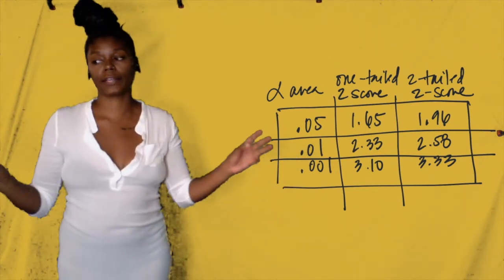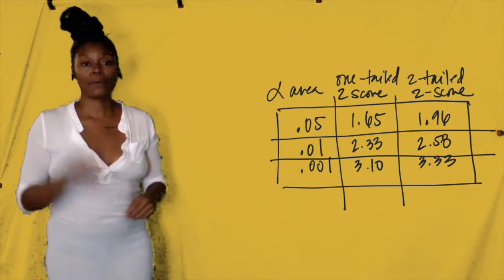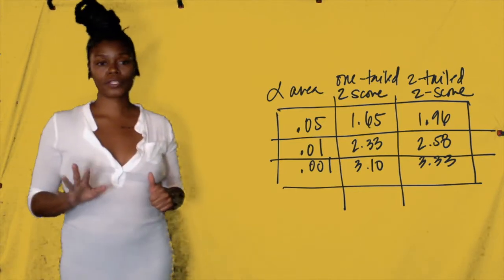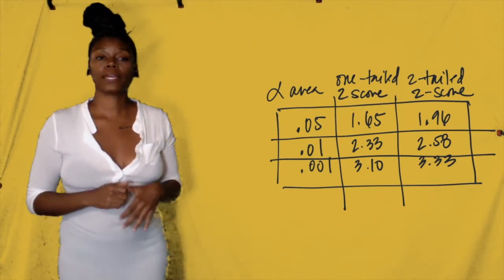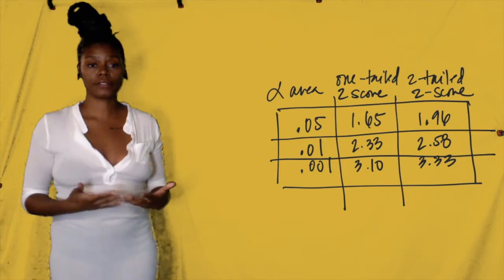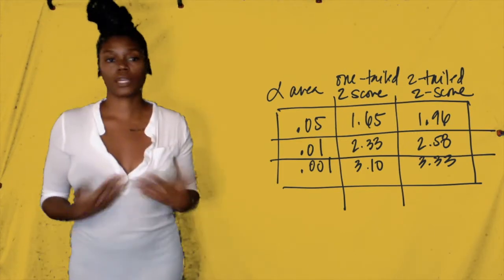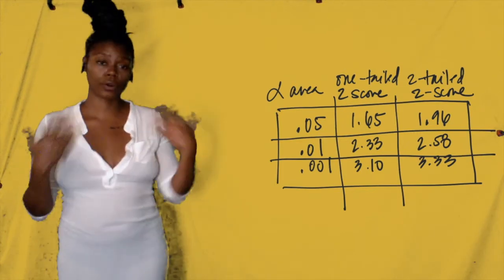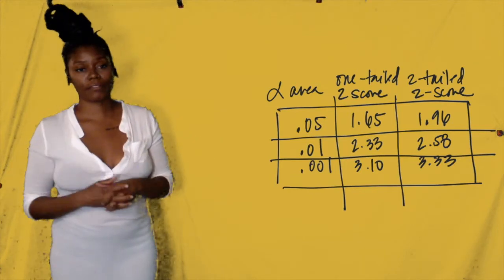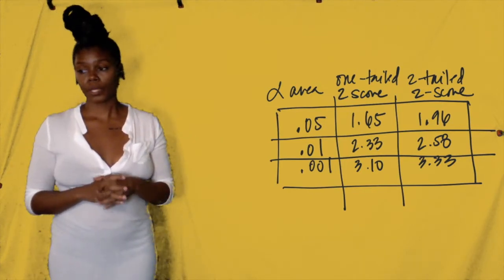It's on both sides of the curve. I would write down those 6 numbers somewhere and remember them, because they are the critical values of z that you will always use in hypothesis testing for this course and for intermediate and advanced social statistics as well.